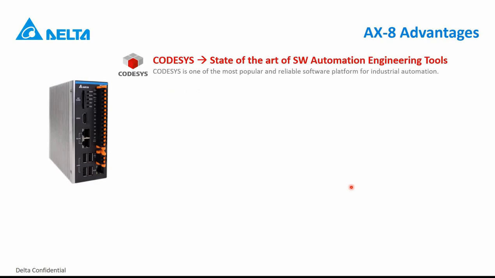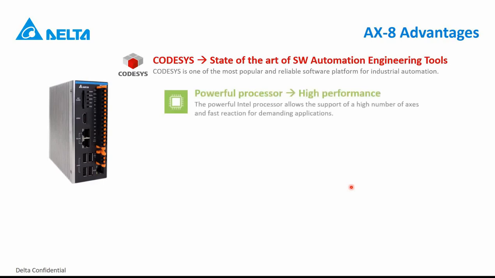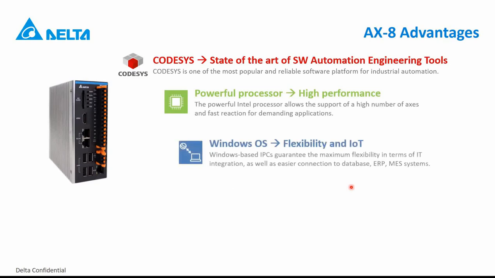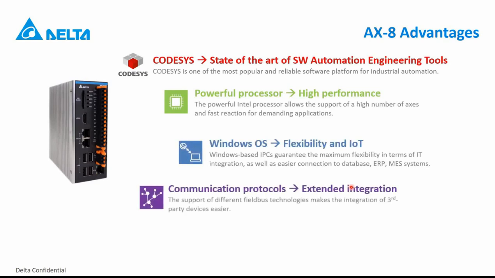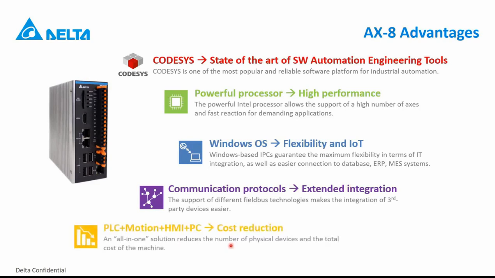And if there is any error, there are many users as well, so it is the advantage that it's already discovered and solved most of the time. And there is a powerful processor inside because it is PC based, with Windows 10 IoT operating system inside, and it supports different communication protocols. So it extends the integration with third-party devices, especially. And yes, PLC, motion, HMI, PC, all in one device. So it means cost reduction for the applications.